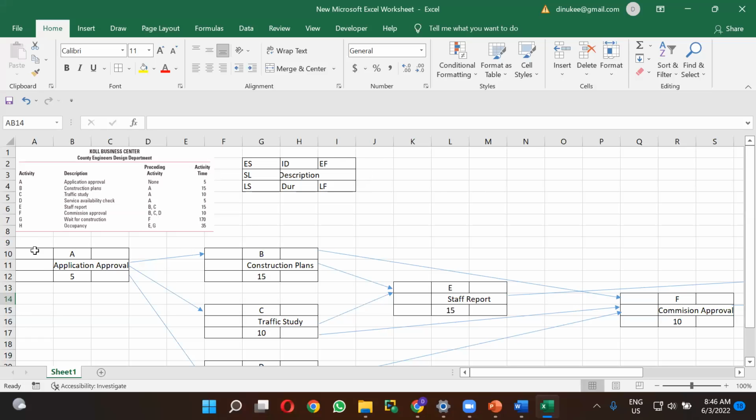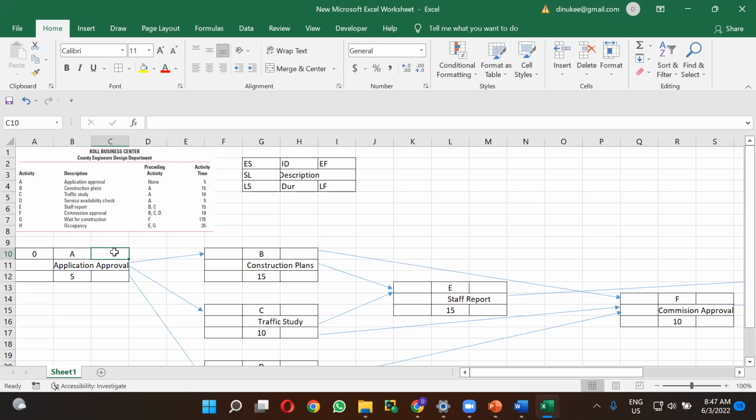So now we are going to do the forward calculation, right? For activity A, there is no preceding activity. Therefore, the early start is 0, right? After putting the early start time, you have to add the duration. The duration is 5 for activity A. After adding this 5 to the early start time, you can get the early finish time.